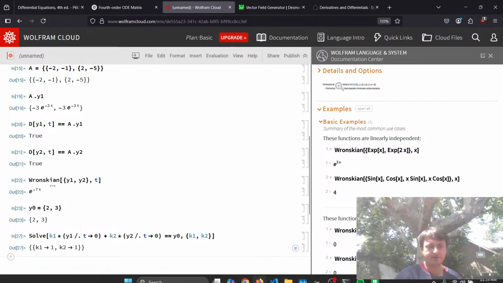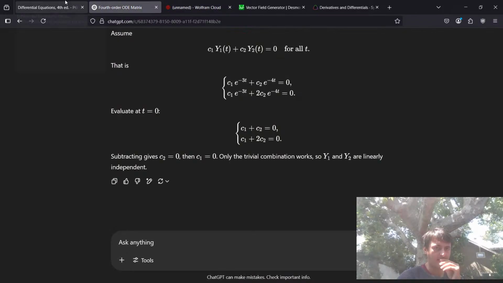All right, so there we go. So K1 equals 1 and K2 equals 2 or 1.